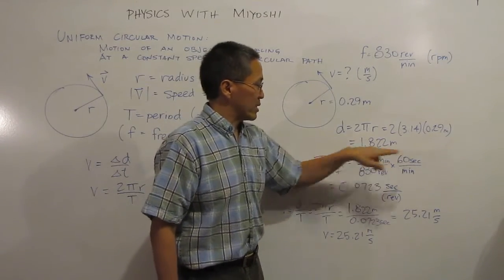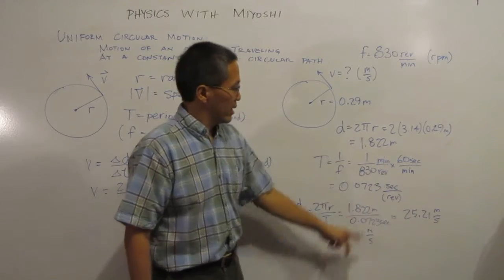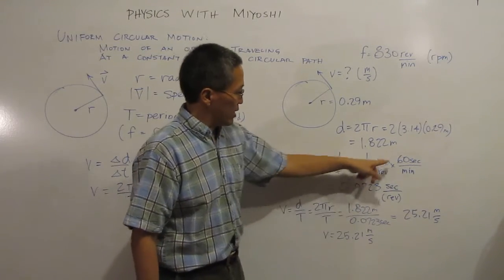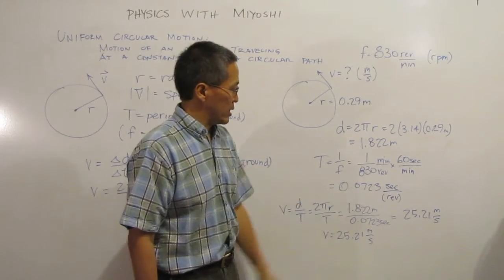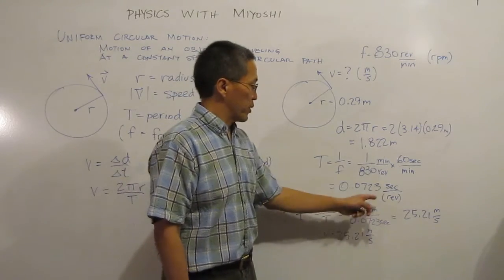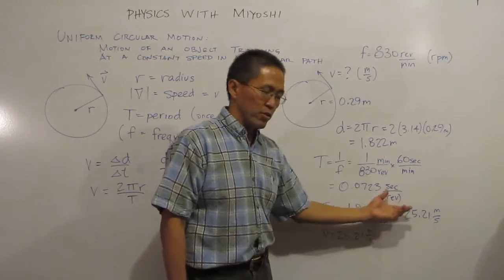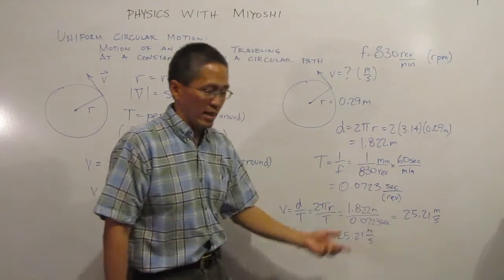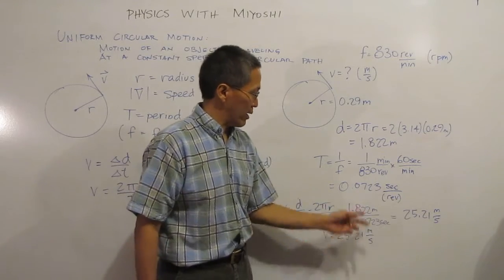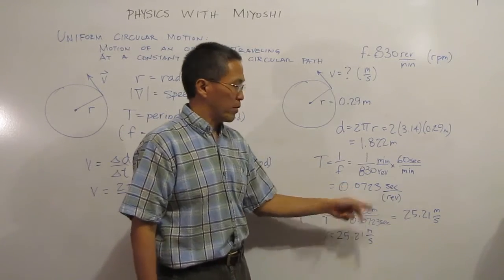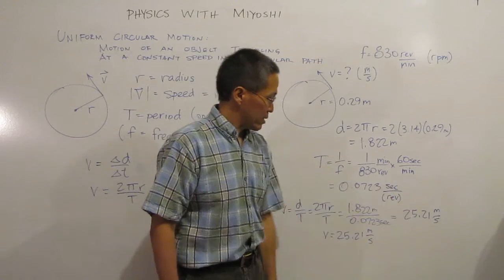So I have 60 seconds over 1 minute. And so I end up with, take 60 seconds divided by 830 revolutions, and I get 0.0723 seconds. Now the revolution is actually a unitless unit, so I'll just take the revolutions out, and I end up with my period is 0.0723 seconds.